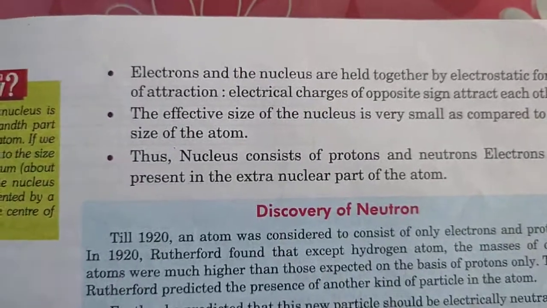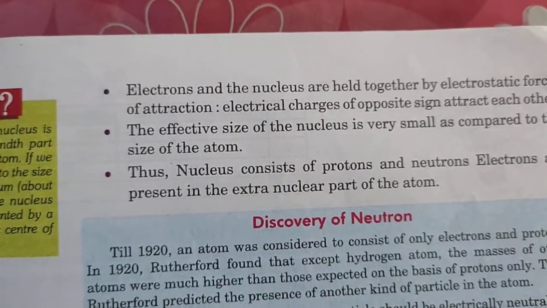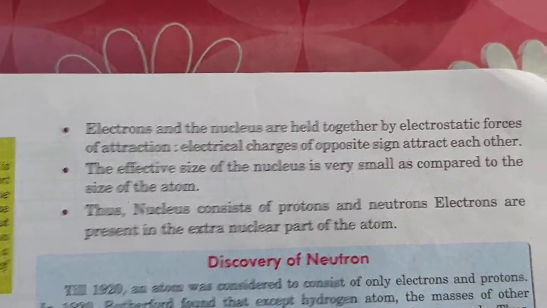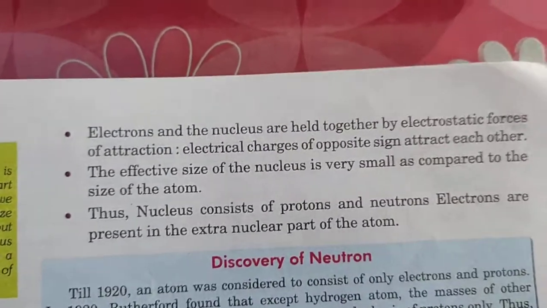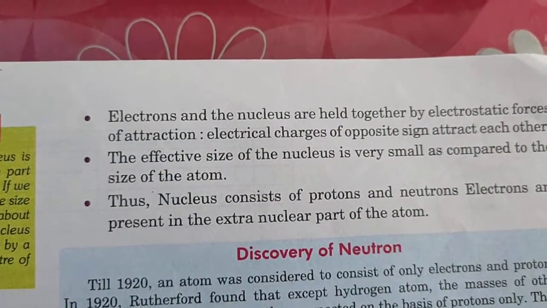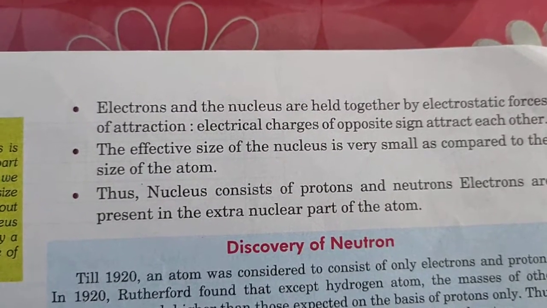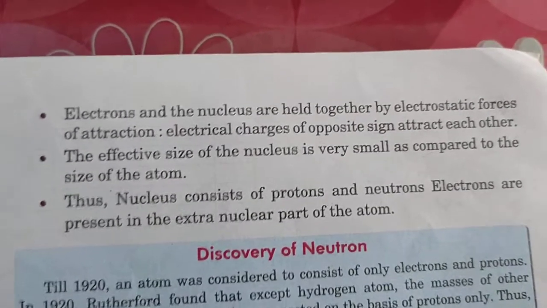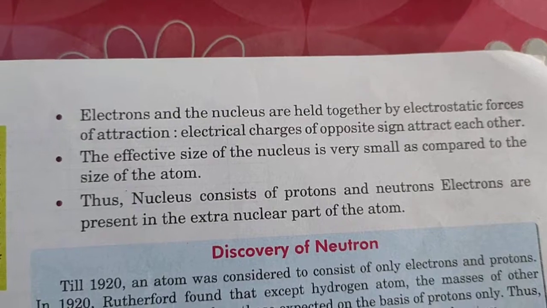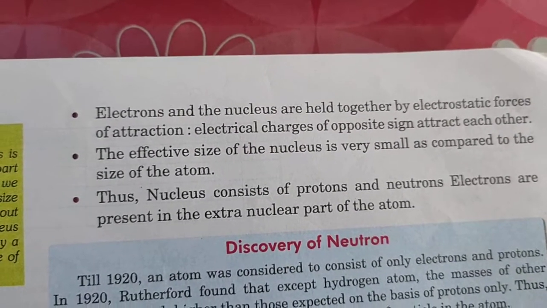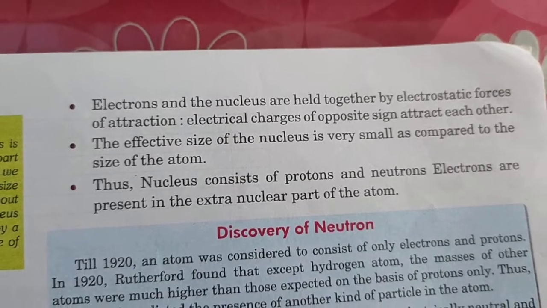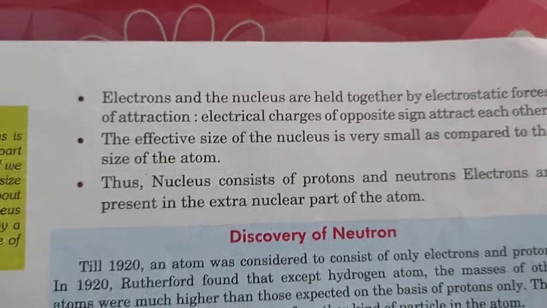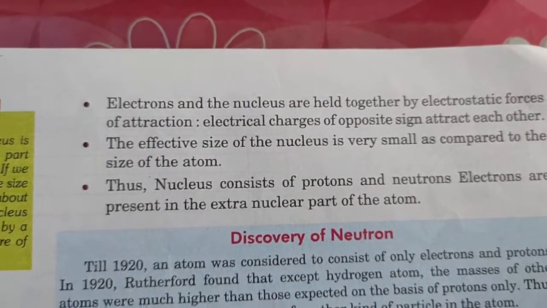Then he said that electrons and the nucleus are held together by electrostatic forces of attraction. Electrons have negative charge and the nucleus has neutrons and protons, with protons having positive charge, so positive and negative charge. Electric charges of opposite sign attract each other, and the force by which they are held is the electrostatic force of attraction.